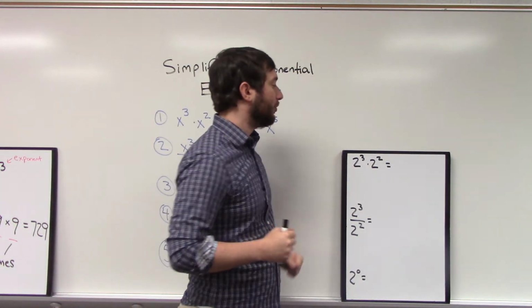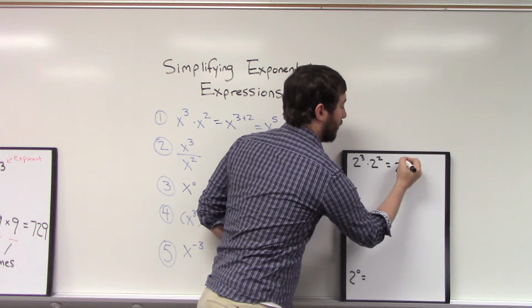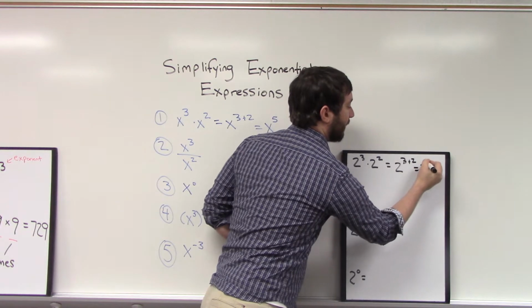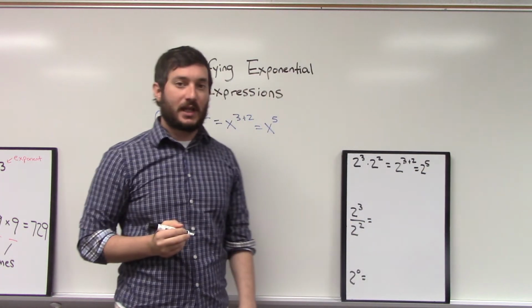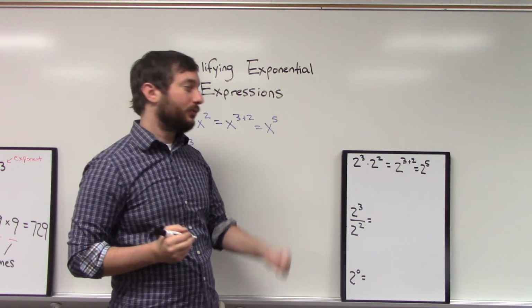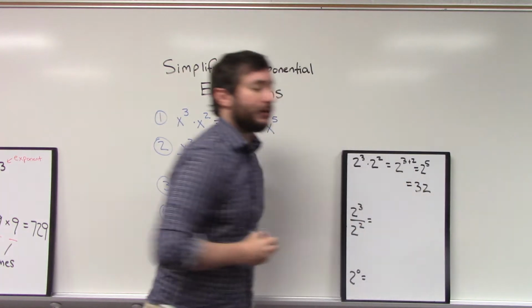The base is 2 for both of the exponents, therefore that's 2 to the power of 3 plus 2, which is 2 to the 5th power, okay? And 2 to the 5th power, 2 times 2 times 2 times 2 times 2, that's going to equal, if you check that in a calculator, 32.